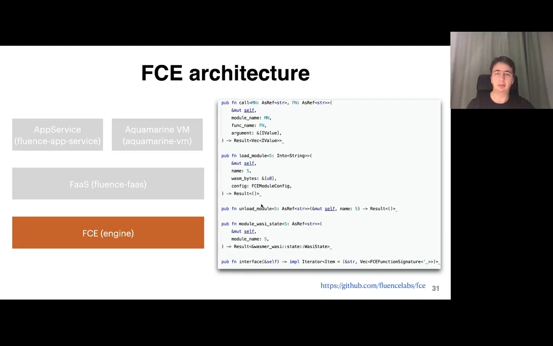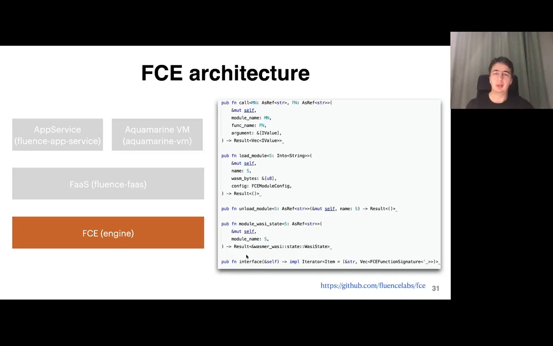Also, of course, you can unload your module by name. Then you can get the WASI state of your module. The WASI state here is from the Wasmer crate. It contains, for example, all environment variables mapped to your binary, and also all file system inodes that are currently used by your module inside FCE.